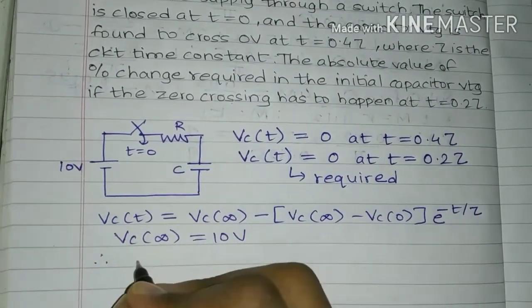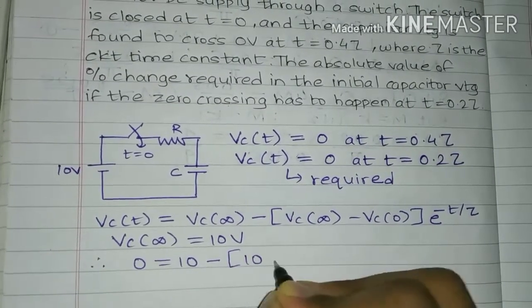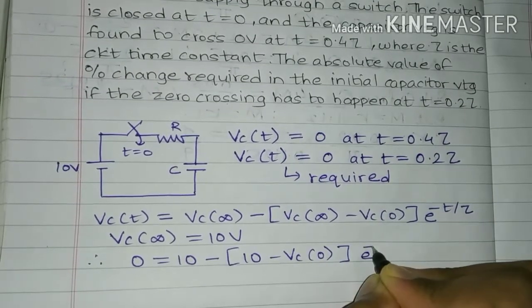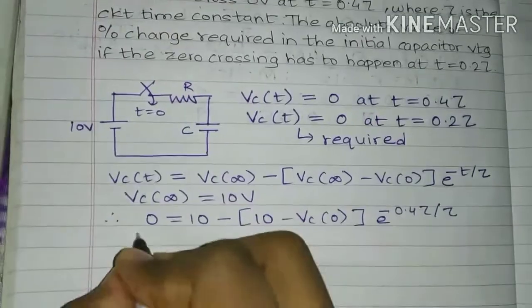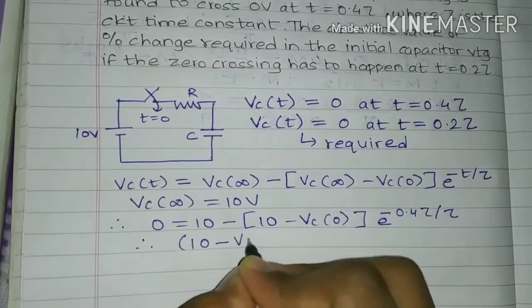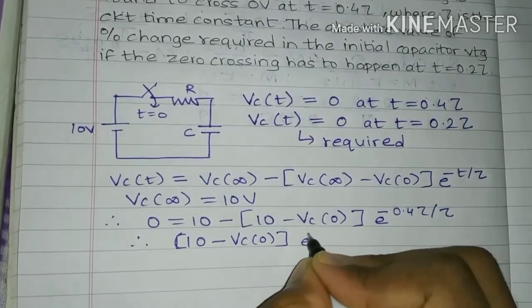Therefore 0 will be equal to 10 minus (10 minus Vc of 0) into e raised to minus 0.4 tau divided by tau. Hence 10 is equal to (10 minus Vc of 0) into e raised to minus 0.4.